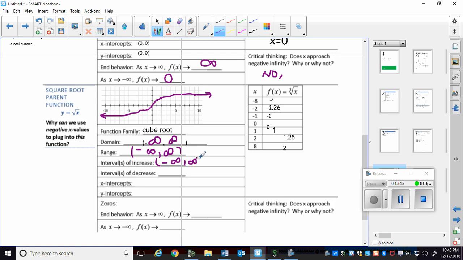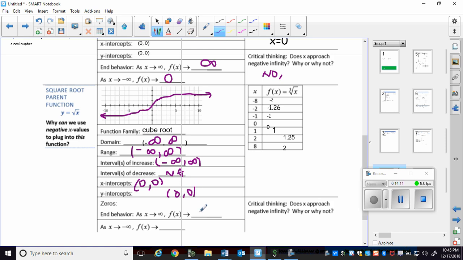That means, as a result, there are no intervals of decrease. Now x-intercepts, same thing here. It's going to be (0, 0), and the y-intercept is going to be (0, 0).